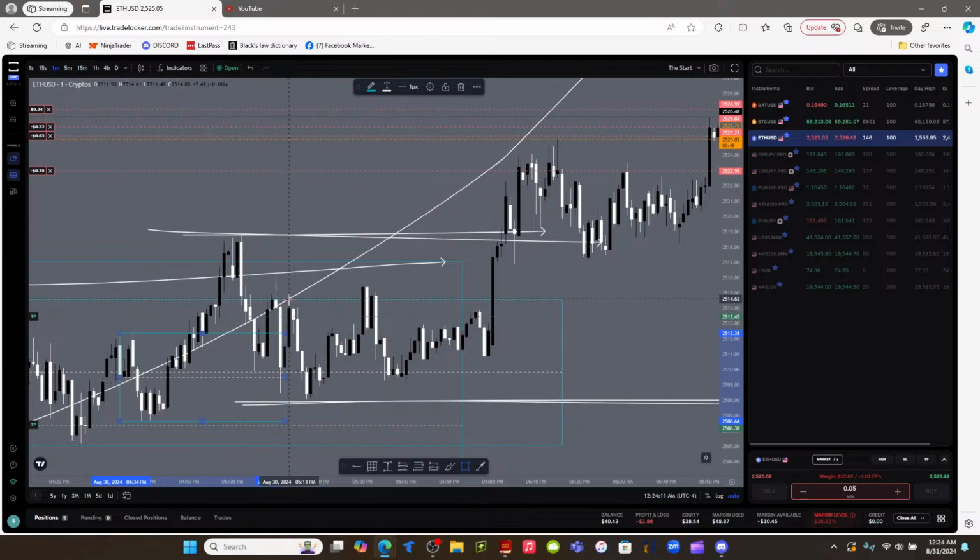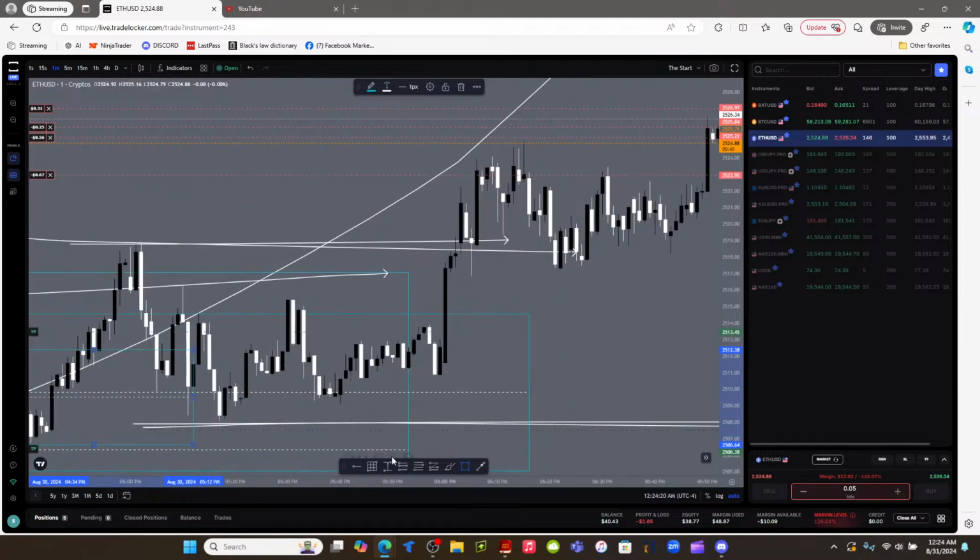We come up, push, fail to make a new high, right? Come deeper into the zone. We run below this low with a body. And then we run back above with a body. That is what's called the transaction between both parties. That's where they agree to a new price or agree to a new arrangement. You feel me?